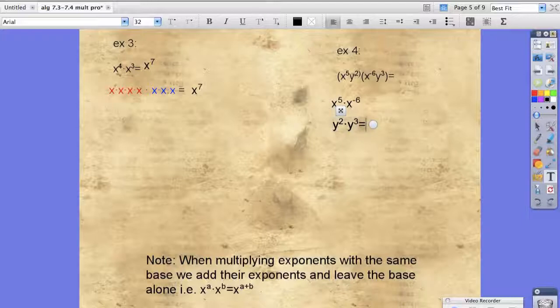Now, because we just looked at that note, we should know that this is y to the 2 plus 3, which is 5. And the x should be x to the 5 plus negative 6 is negative 1. Therefore, your final answer should read x to the negative 1st power, y to the 5th.